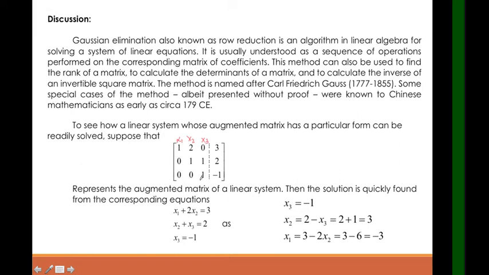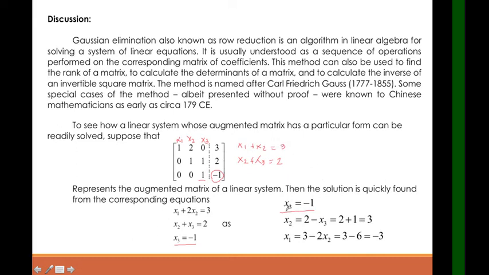So for x sub 3, we have negative 1. Since we already have negative 1 for x sub 3, it's very easy now to find x sub 2: x sub 2 plus x sub 3 is equal to 2, and x sub 1 plus 2 x sub 2, the 0 drops out, is equal to 3.